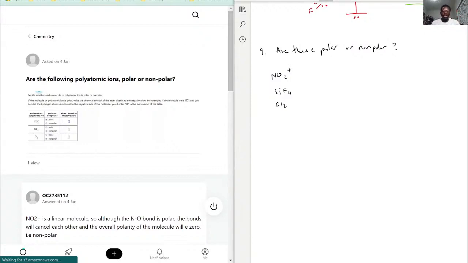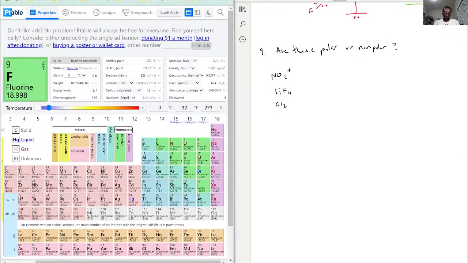Okay, so to find out if they're polar or non-polar, we always have to draw our Lewis dot diagram, okay? So we need to know how many electrons each offers. Nitrogen has 5 valence electrons based on it being on the 15th column, and oxygen has 6 valence electrons based on it being on the 16th column.